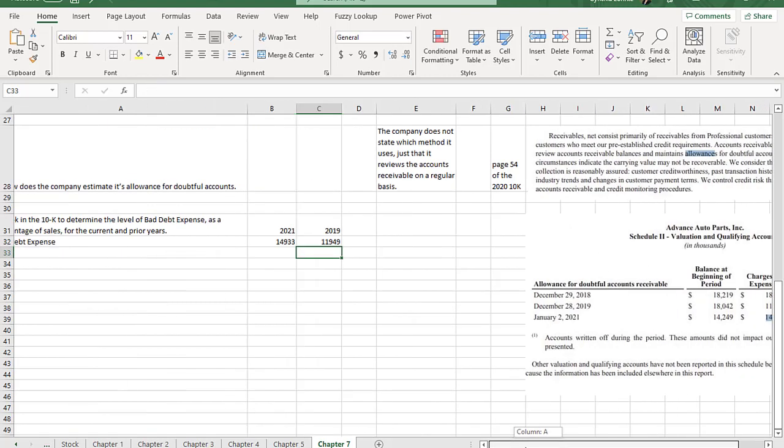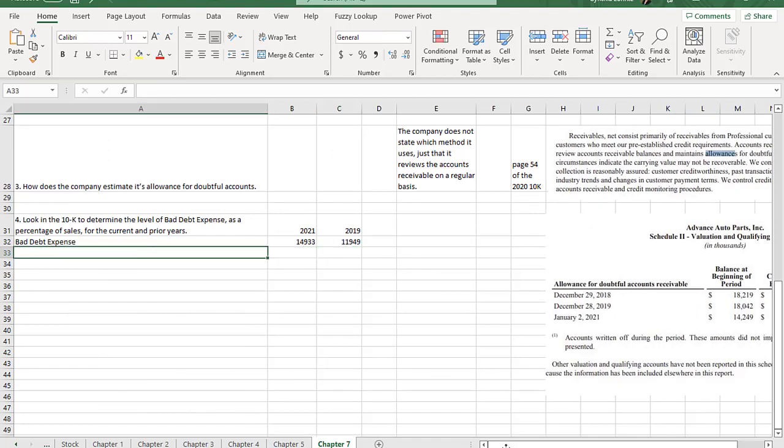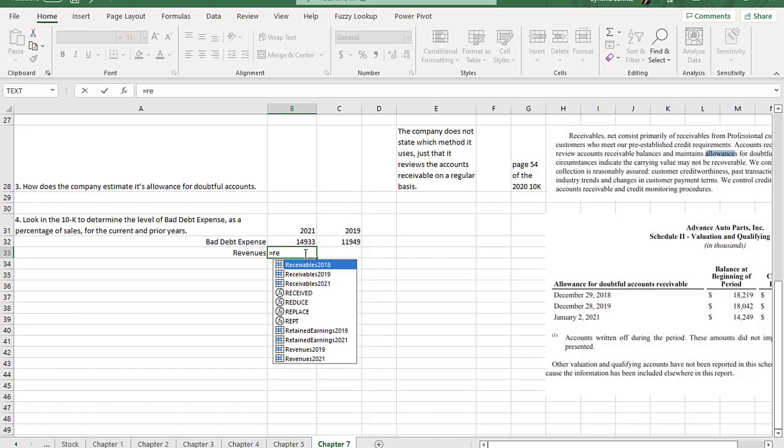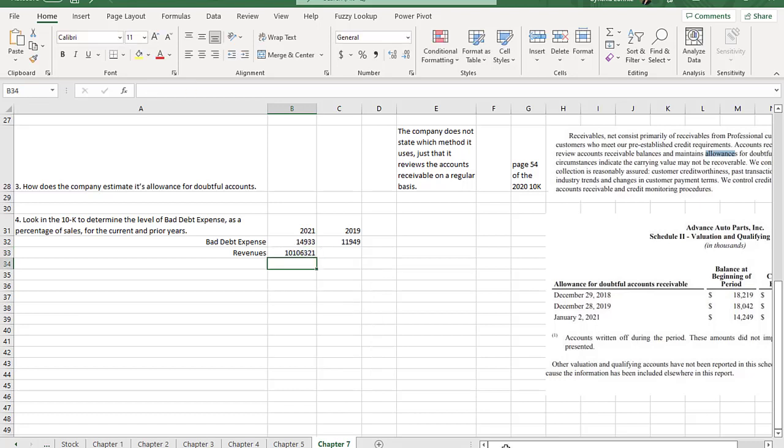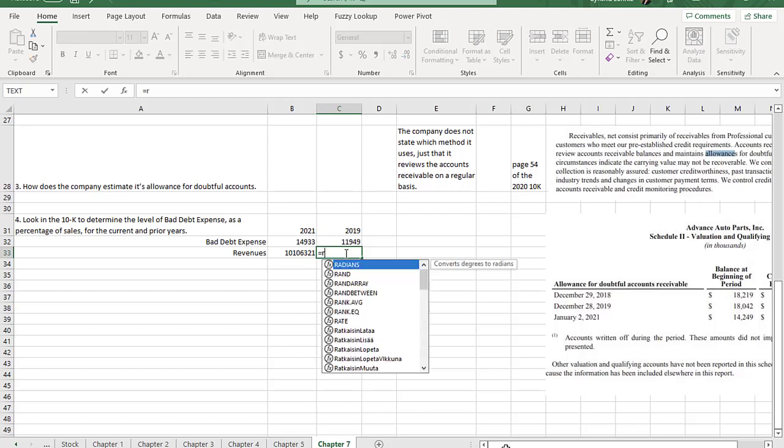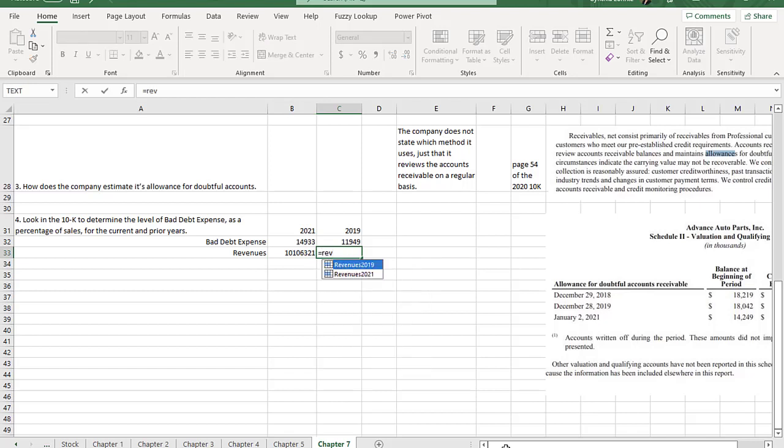All right, great. And then I need my sales or revenues. I'm going to go ahead and justify these. My revenues I already have, so I'm just going to go 2021 revenues, 2019 revenues.